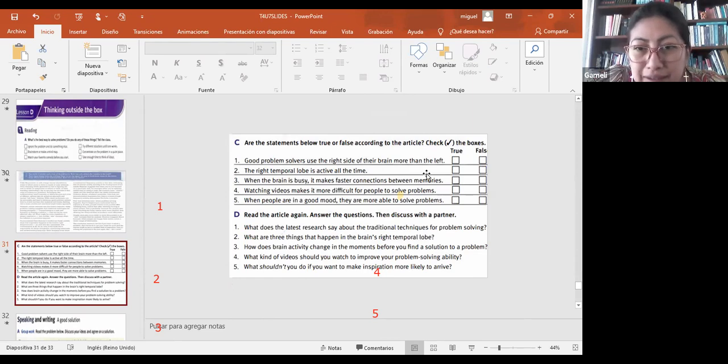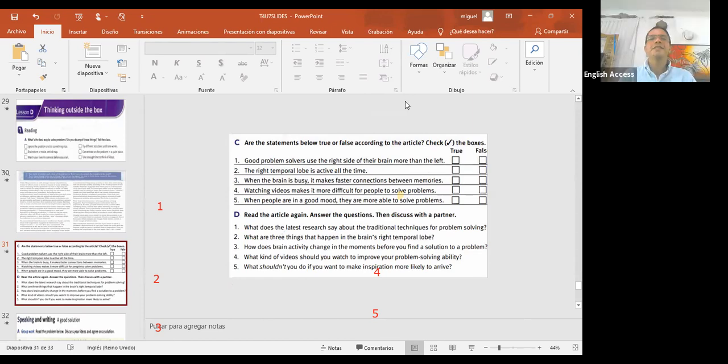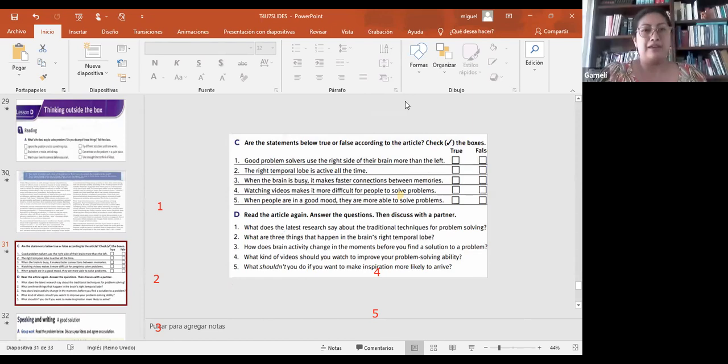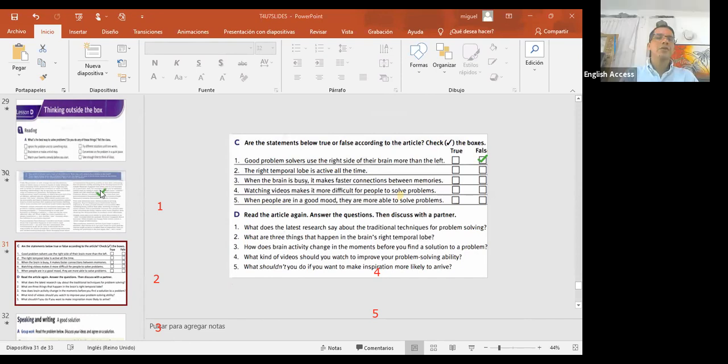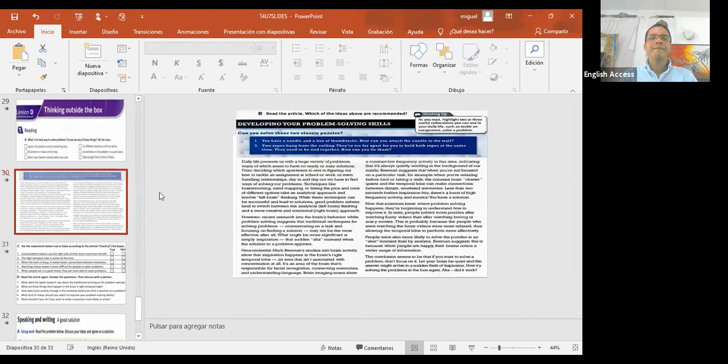It's false. It's false, yes. Okay, number 2, Fernando. Number 2 says the right temporal lobe is active all the time. I think it's also here. It's true, I think.